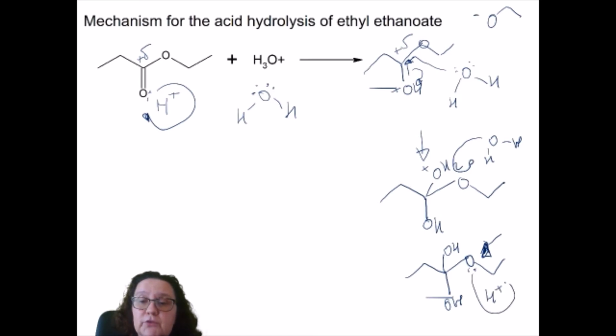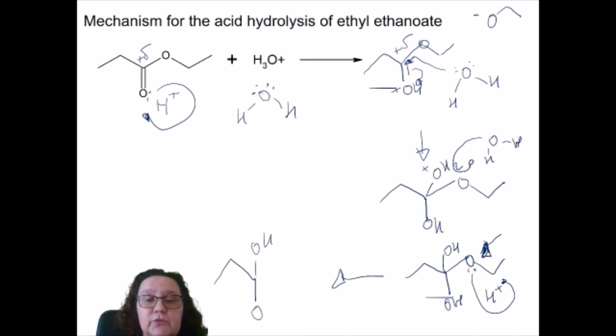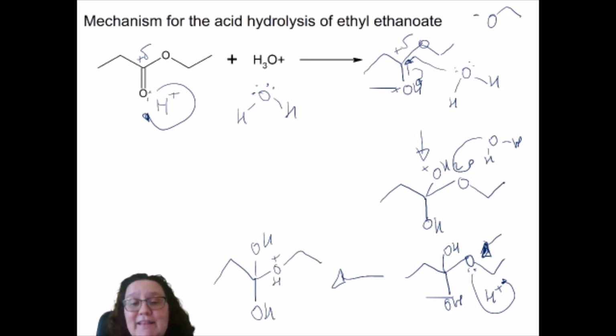I'm able to protonate this oxygen, and again, we haven't lost anything yet. We've got the two hydroxyl groups and this oxygen that has become protonated. And that is a good leaving group in acidic medium. So the next step is for one of the oxygens, whichever it is, to form a double bond with the carbon.